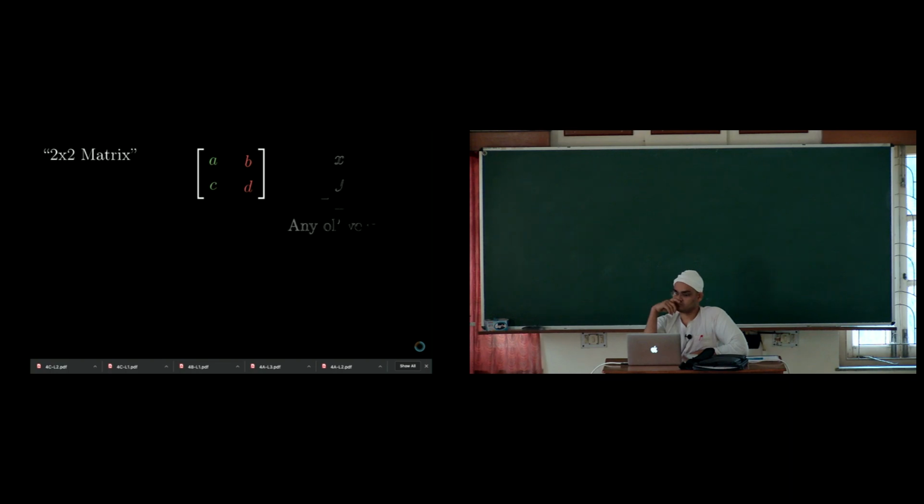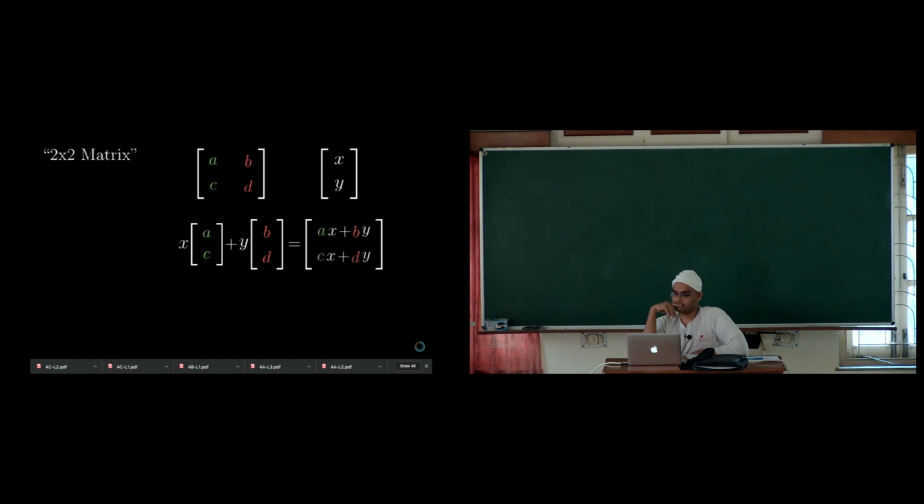When we apply this transformation to some vector xy, what do you get? Well, it'll be x times AC plus y times BD. Putting this together, you get a vector ax plus by, cx plus dy.